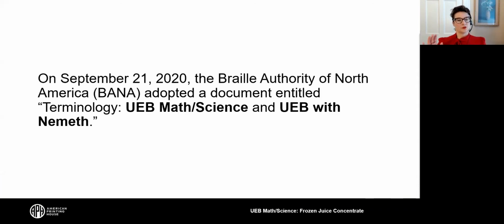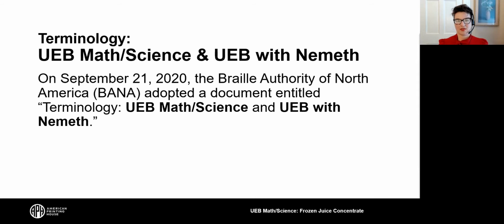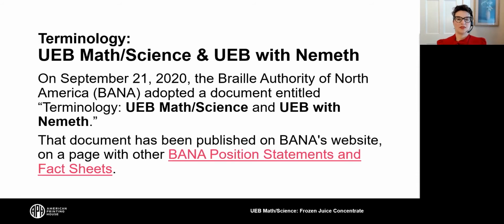So on September 21st, 2020, the Braille Authority of North America, or BANA, officially adopted the document entitled Terminology. See why this section is titled Terminology, UEB Math/Science and UEB with Nemeth. So again, that's UEB Math/Science and UEB with Nemeth.